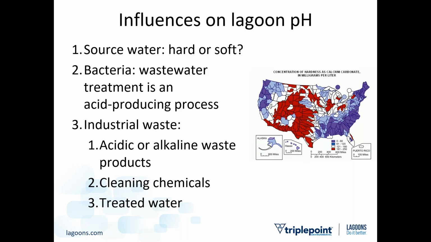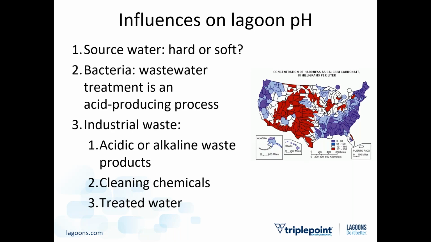One example, I'm working on a nitrification project at a plant that has deionized water because they make electronics. The other part of their waste stream is domestic waste from their toilets and sinks at this plant. But it turns out their lagoon pH was just a little lower than you'd expect, even though they weren't doing anything particularly acidic.